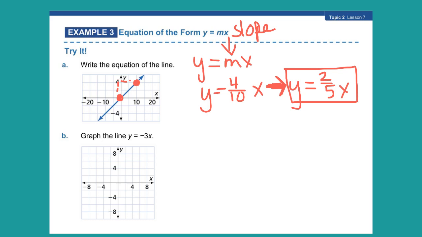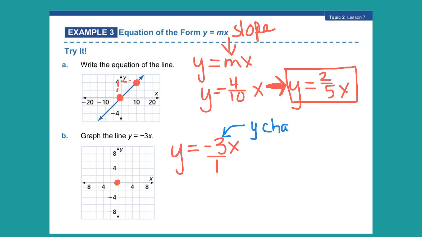Now this one's a good one. So here's our equation. Can I just remind you that there's an invisible number 1 right there? Can I also remind you that we're going to start at (0, 0)? Can I also remind you this is my vertical or my y change?